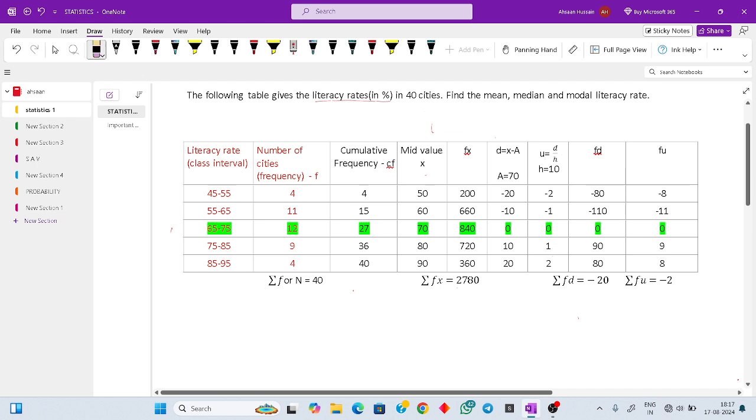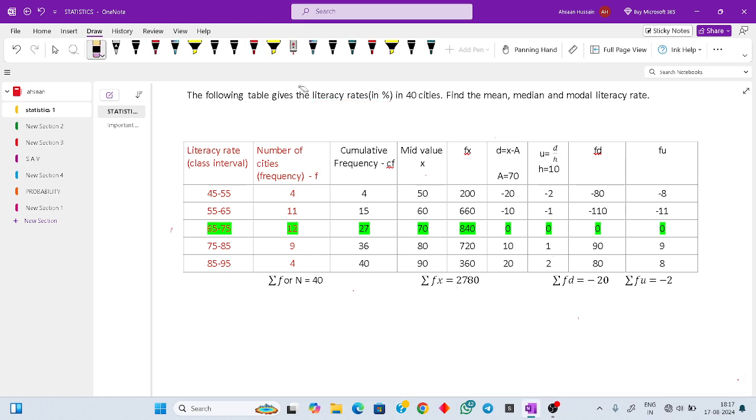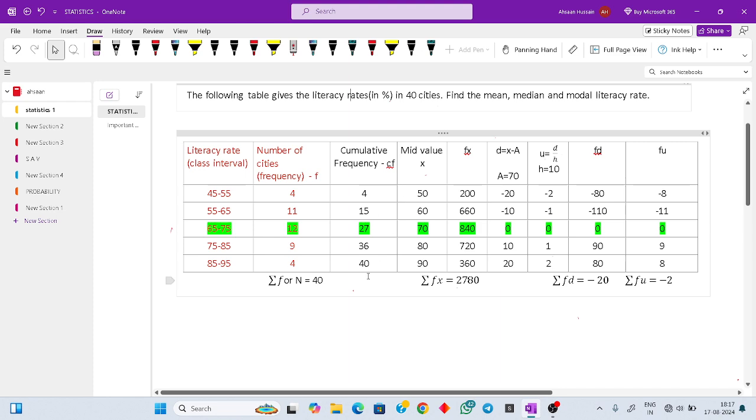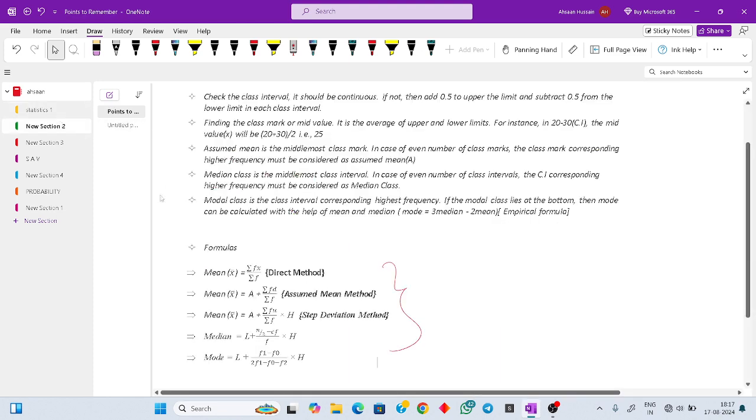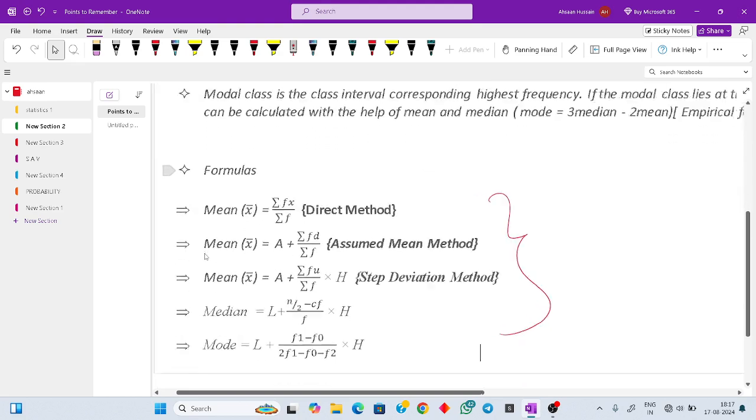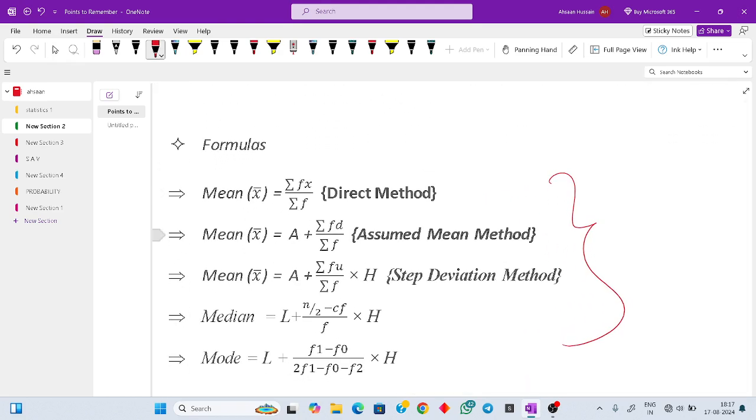So now we need to find the mean from this data. To find mean, there are three methods. The first is direct method, the second is assumed mean method, and the third one is step deviation method.